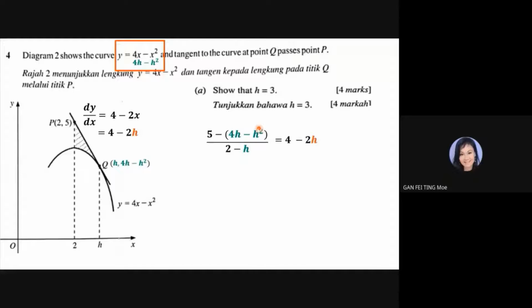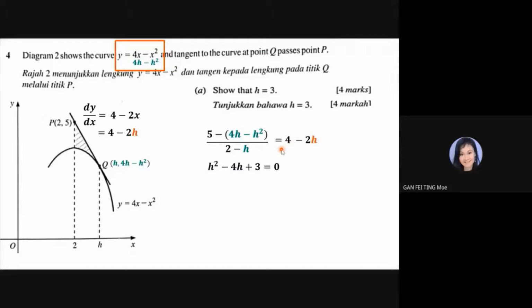Okay, what do you have? H. Any answer? Is it already 1 minute? You need to expand, and then you need to cross multiply.